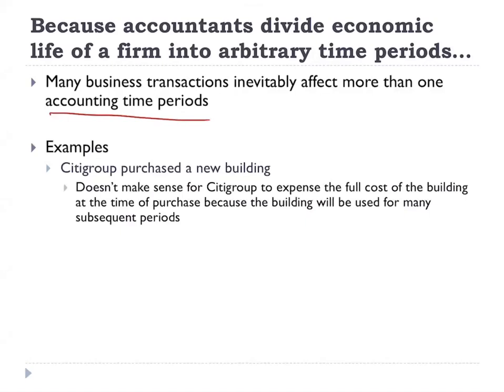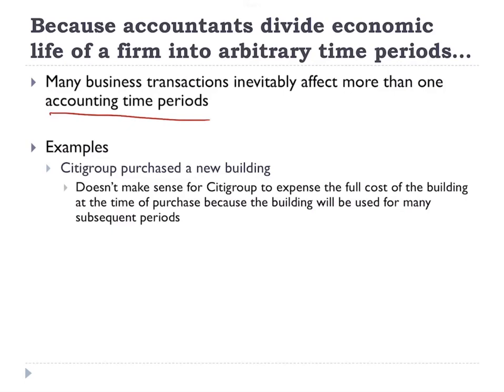An example of this is, for example, Citigroup purchased a new building, and for Citigroup, purchasing a new building is just a normal business transaction. However, for accounting purposes, does it make sense for Citigroup to expense all of the cost of the building at the time that the purchase was made? That is a question for the accountant.